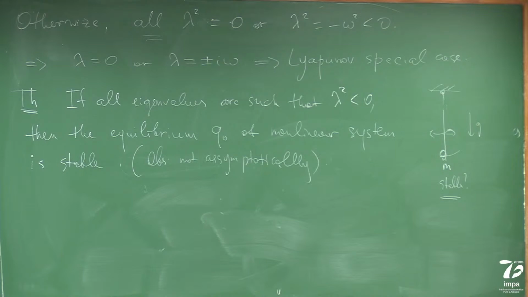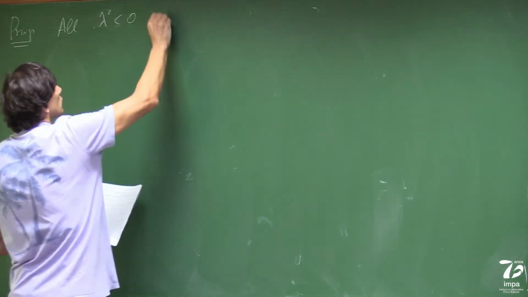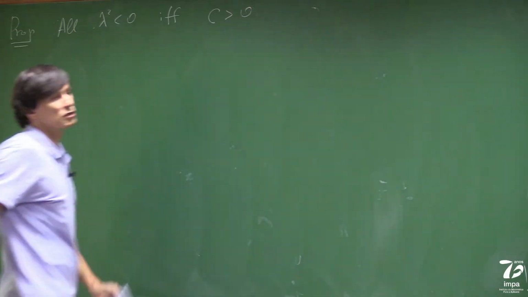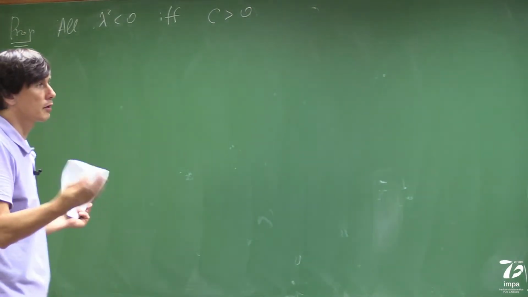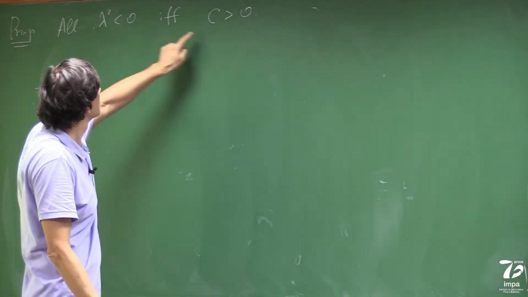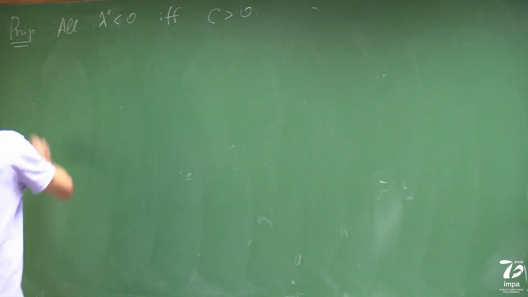So first proposition is, let us prove that all squares of eigenvalues are negative if and only if symmetric C is positive definite. We show that this condition from the theorem is equivalent to asking that C, which is a symmetric matrix, is positive definite. So let's prove this.